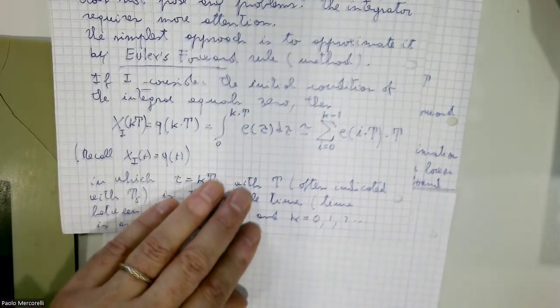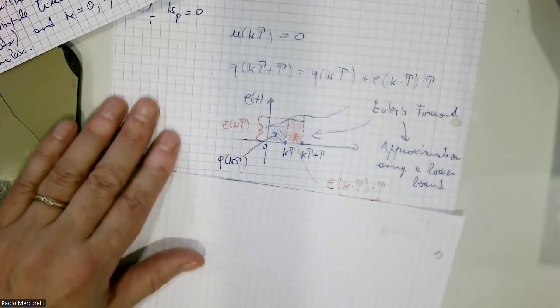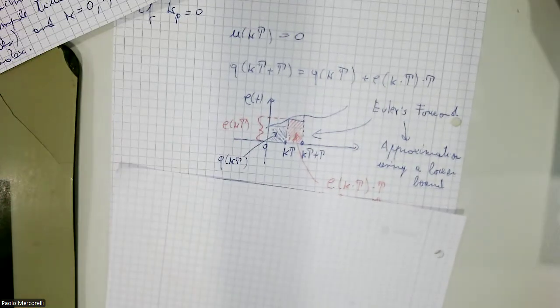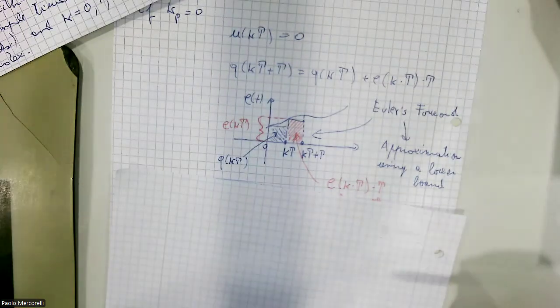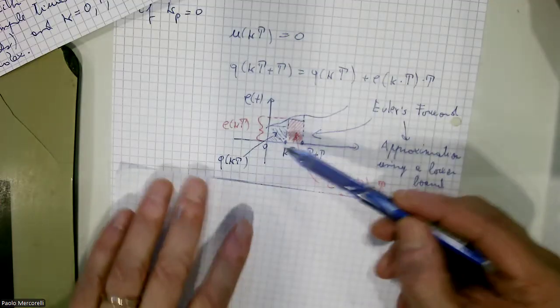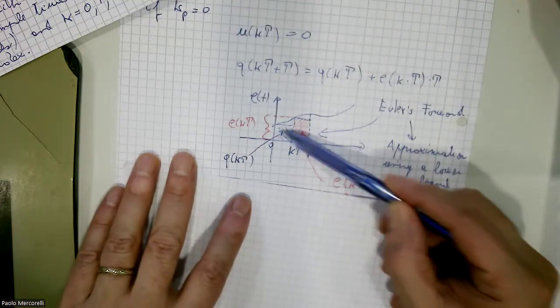k. Because if you look at this picture here, we can understand very well. The surface is quite clear, as expressed here.